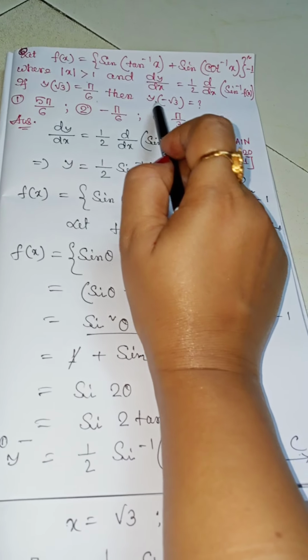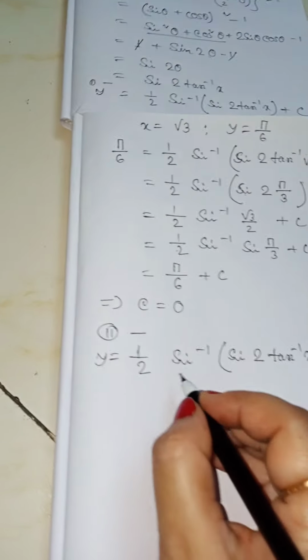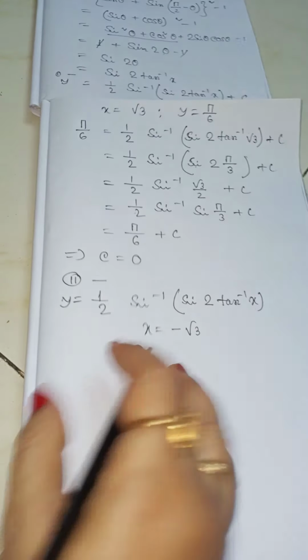The required value is y(−√3), so putting x = −√3 in this equation.